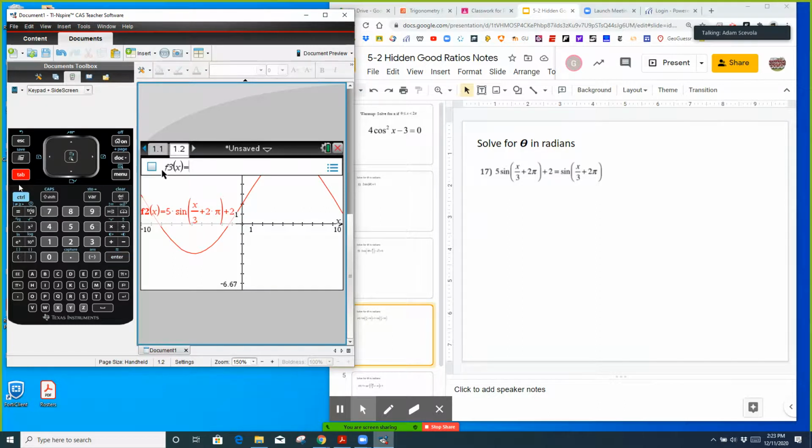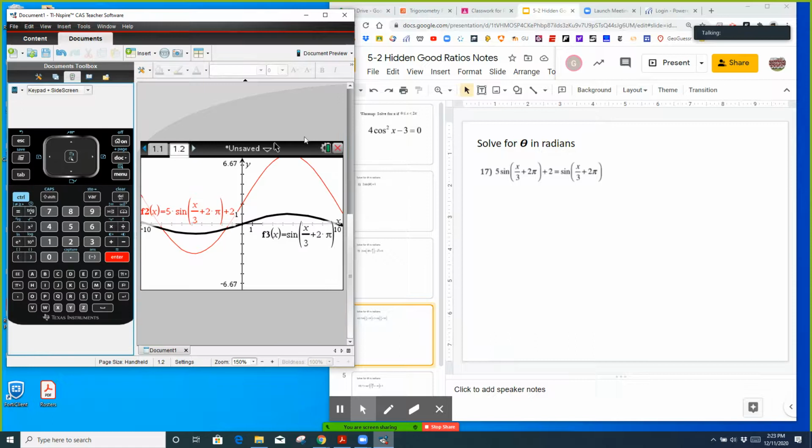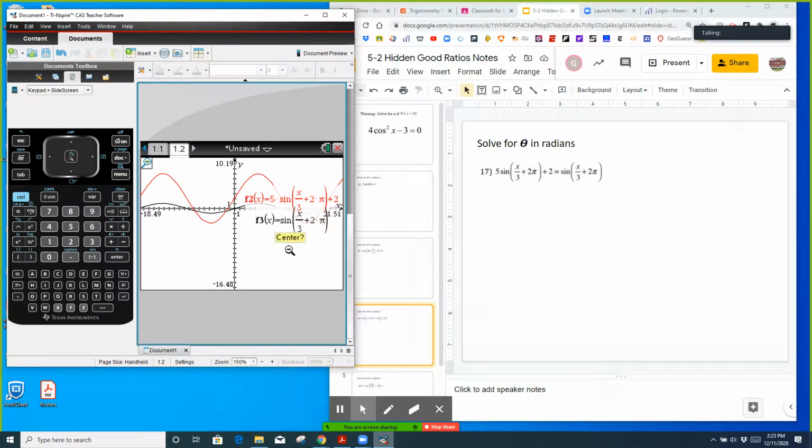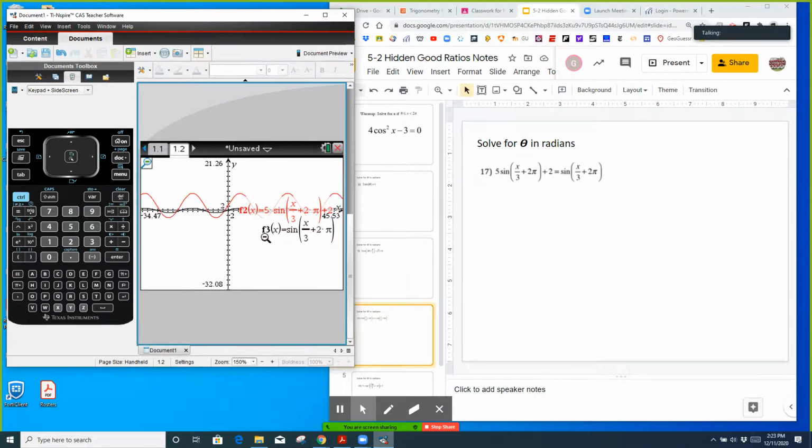And then also graph the sine of x over 3 plus 2 pi. Okay, so zoom out a little bit, see what's going on here. Just to understand what we're doing.